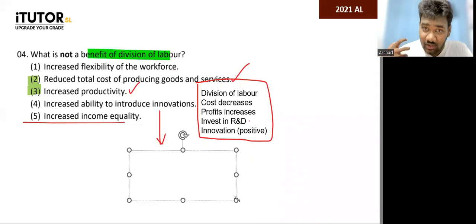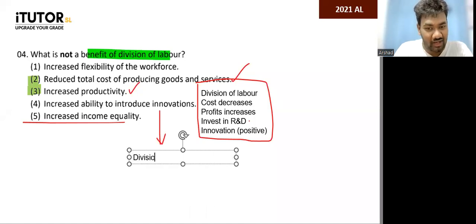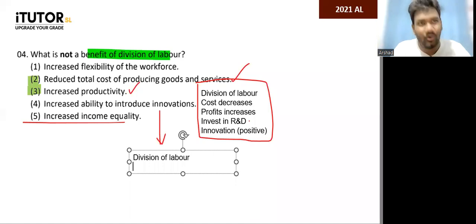So what you can say is, when you are doing division of labor, what happens? It leads to what, guys? Division of labor leads to what? When a person is doing a small task every single day over and over again, what does that lead to? It leads to specialization, right? He becomes specialized in that. Yes, he might get tired of it also, bored of it also, but it leads to specialization.